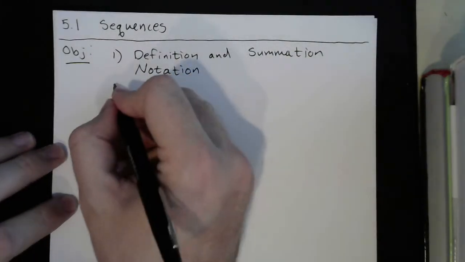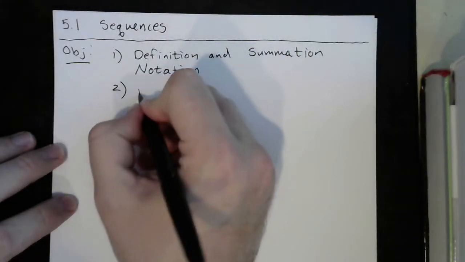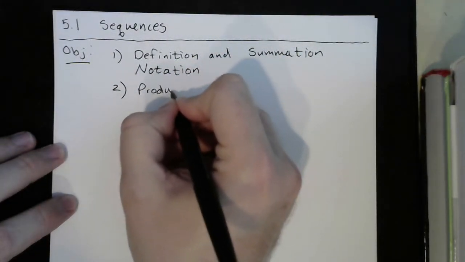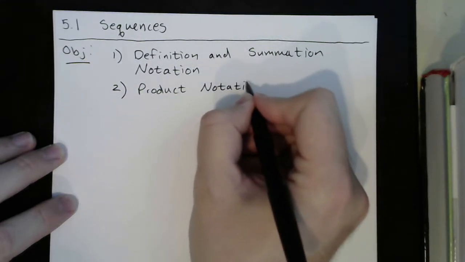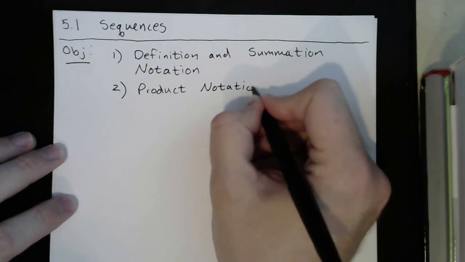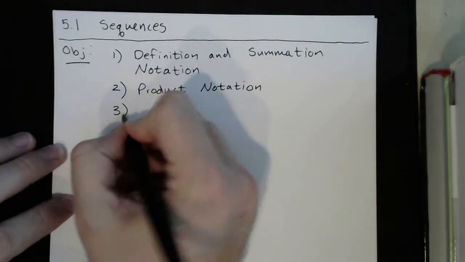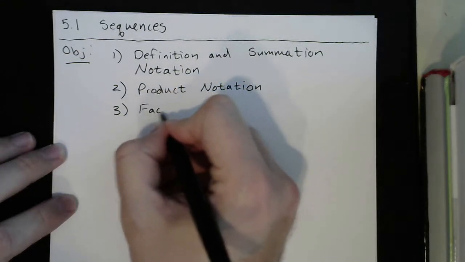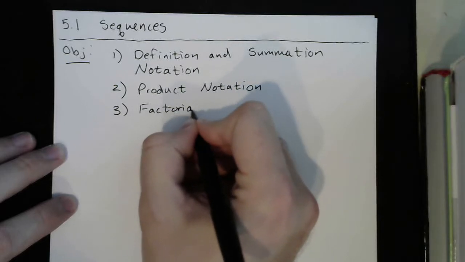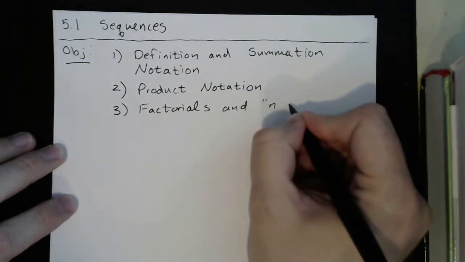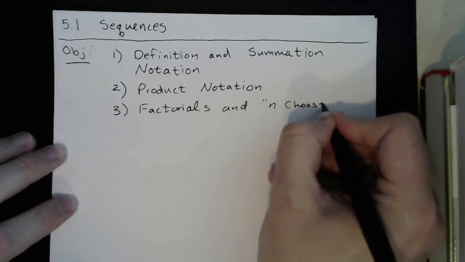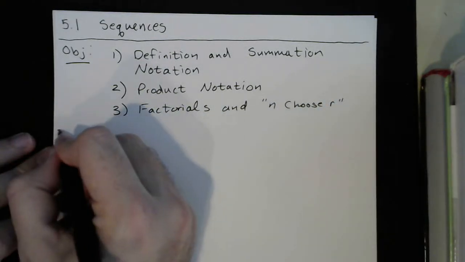The second is product notation for repeated products. And the third and final is we're going to look at some factorial stuff and n choose r.